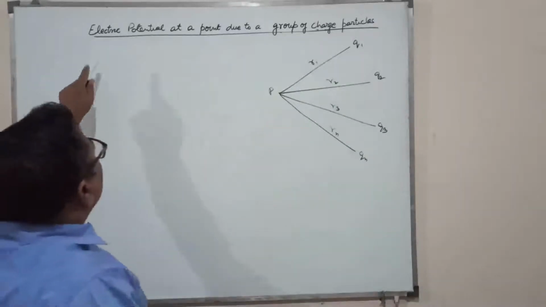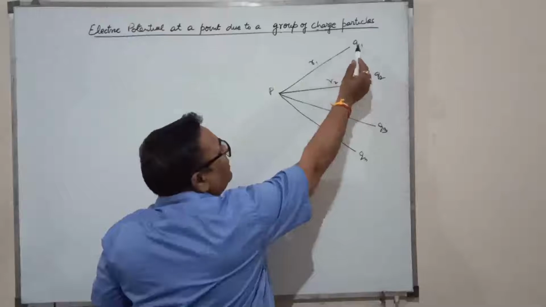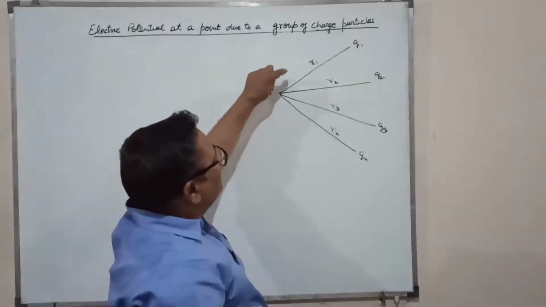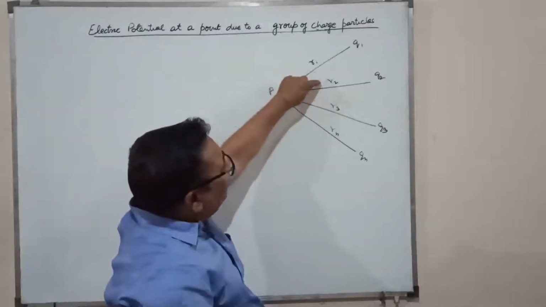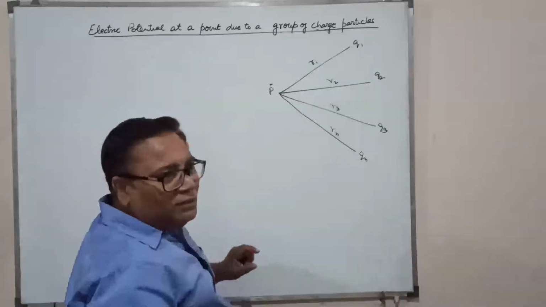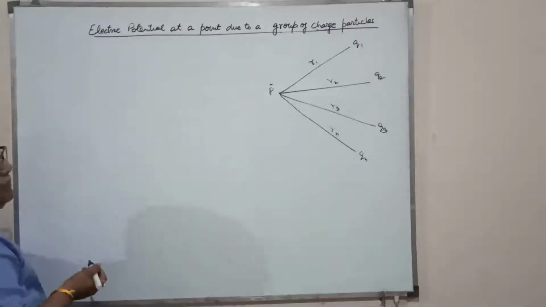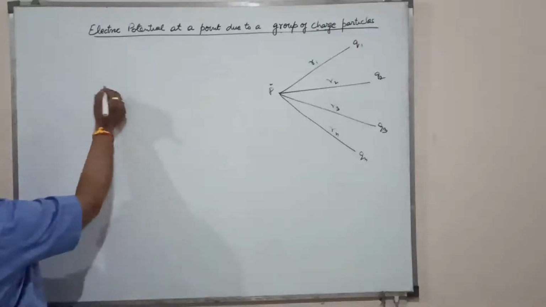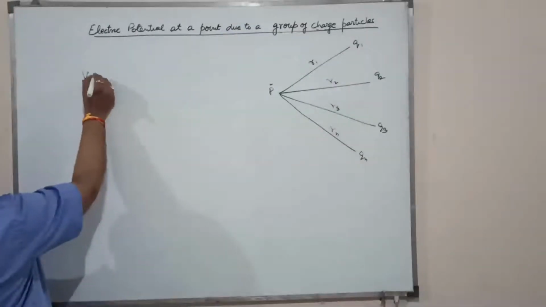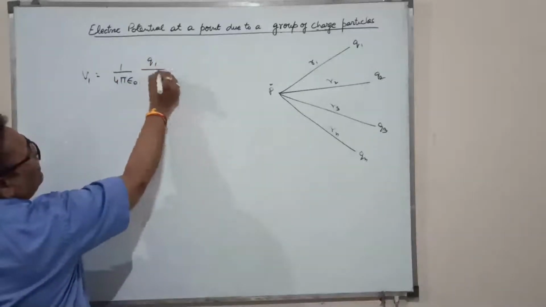Now the next topic is electric potential at a point due to a group of charged particles. Let Q1, Q2, Q3 up to Qn be the charged particles at distances r1, r2, r3 and rn from the point P. Potential is a scalar quantity. Therefore, the potential at the point P due to the Q1 charged particle, V1, is equal to 1/4 pi epsilon 0 Q1 upon R1.